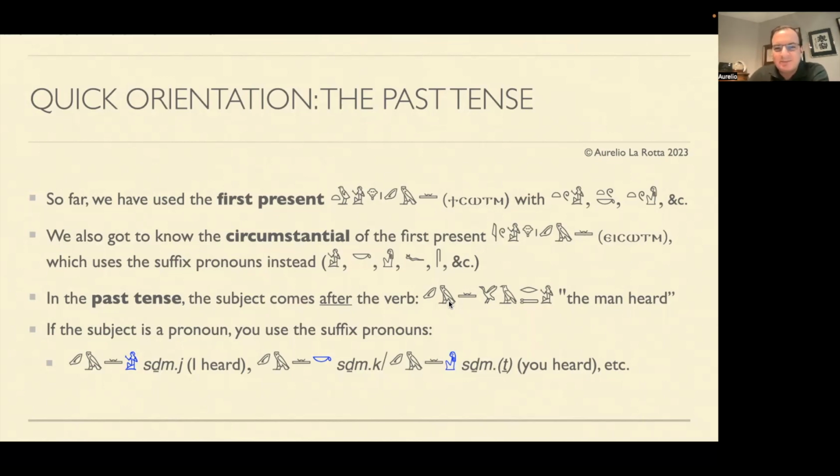So let's use some examples. Like, let's stay with the first present for a moment. If I wanted to say, I find, how would you say that? To find, of course, would be gem. So how do you say I find? Back to the first present. So it would be tui hr gmi.